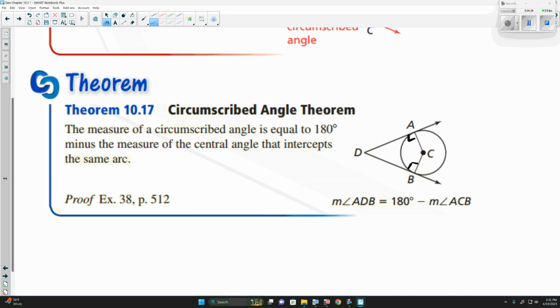The reason I say that is because it is a four-sided figure. Any four-sided figure's interior angles should add together to be 360. If we know that two of them are 90, well, 360 minus 90 is 270, and if we take 90 away again, we get 180. So these two angles here should add together to be 180.